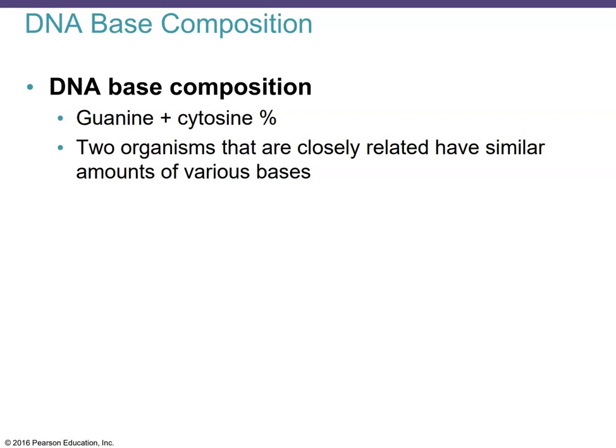And that's widely popular, especially nowadays where we have these very efficient sequencers. So in a very broad categorization, you can just look at the percent guanine and cytosine. For the gram positives, you can do the high GC versus the low GC species. That's pretty easily done.